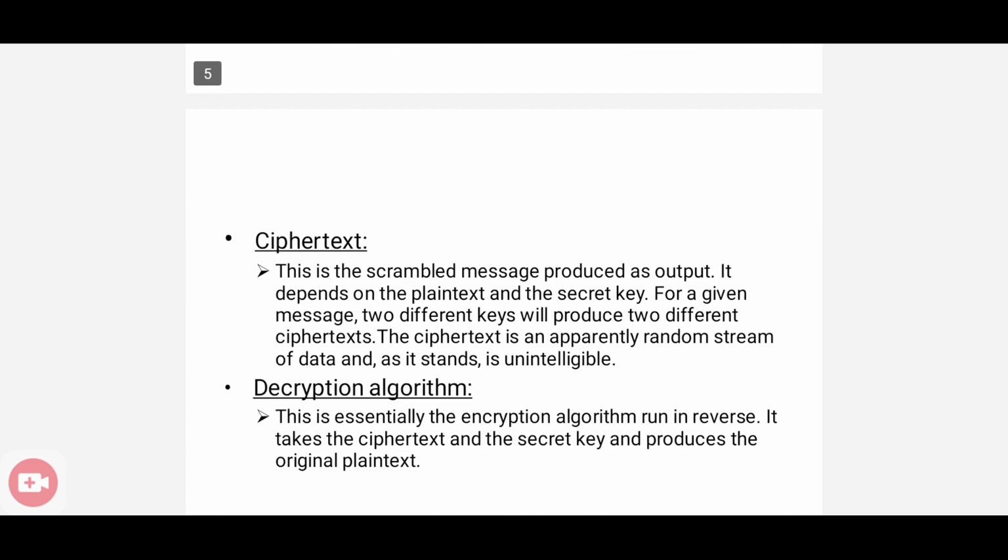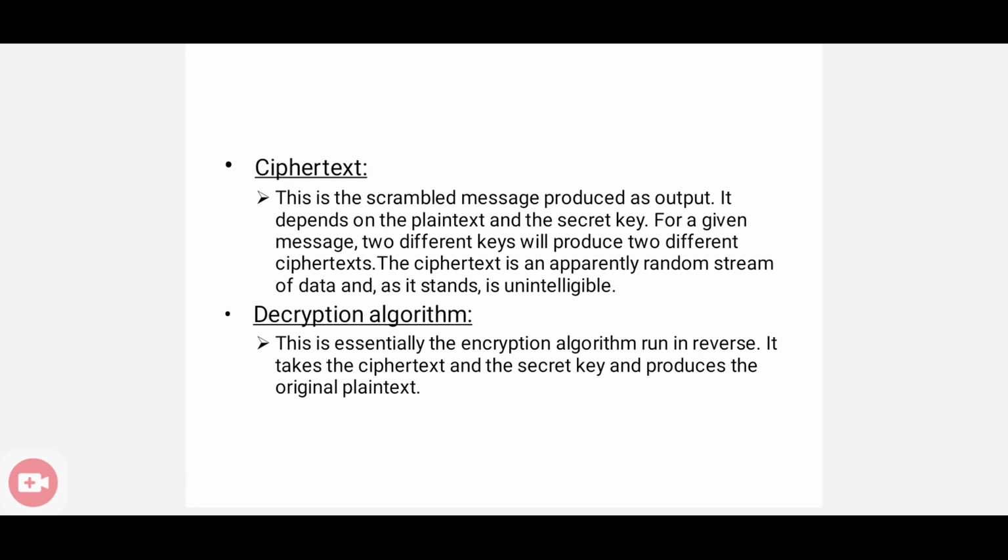And the fourth one, ciphertext, that is a scrambled message or a coded message. After converting plain text, we will get a coded message. That coded or transformed message is known as ciphertext. With the help of a secret key and encryption algorithm, the process takes place.